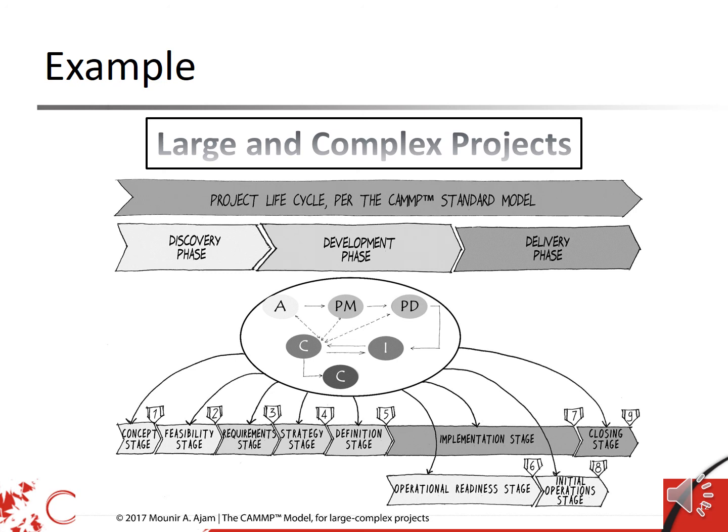For example, the concept stage could be very simple, and maybe we do not need to apply these 6 processes for that stage. What we showed you here is 3 major project classifications: small and simple, medium and moderate, and large and complex. Of course, you can blend, mix and match, depending on the needs of your project. So on some projects, maybe for the discovery phase and the development phase, you only apply the 6 processes at the phase level, but in the delivery phase, you apply them at the stage level.